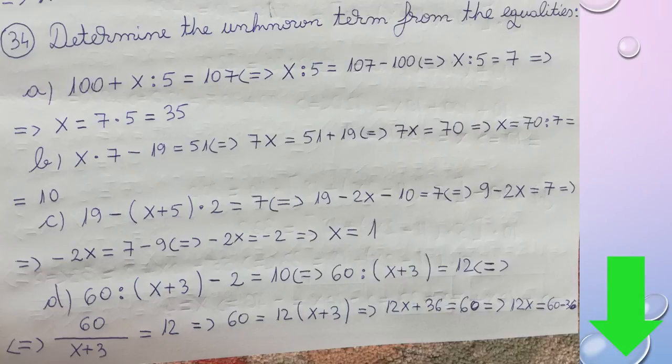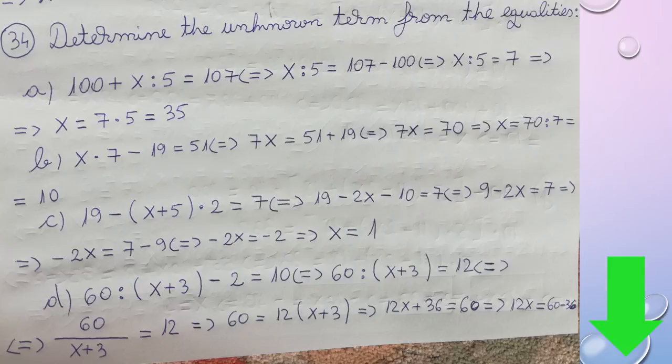B. X times 7 minus 19 equals 51. So 7x is 51 plus 19. So x, by doing the calculations, we obtain that x is 10.